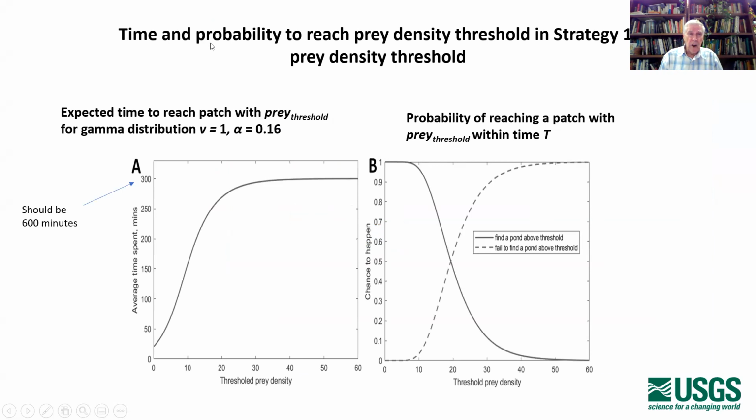First of all, we can calculate the time and probability to reach the prey threshold in strategy 1, the prey density threshold strategy, and the average time to find, for this particular nu equal 1, alpha equals 0.16, to arrive at prey density thresholds.